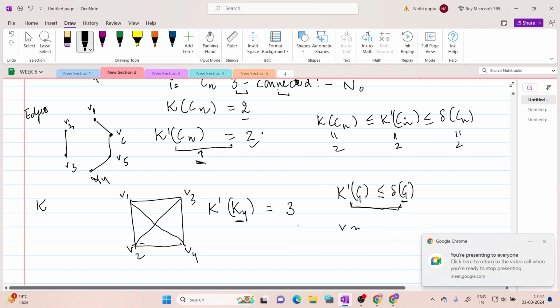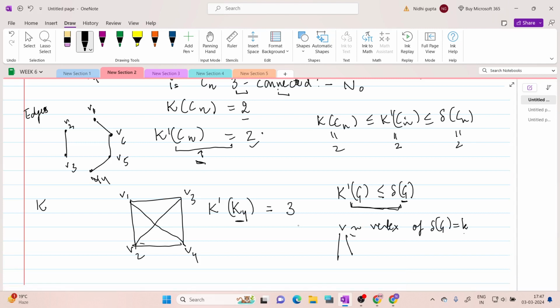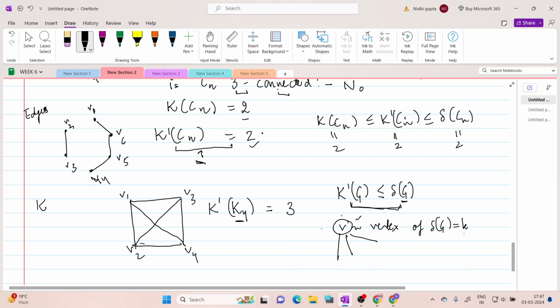So how do we get that edge connectivity is less than or equal to minimum degree? Suppose v is the vertex of minimum degree equal to k. If we remove all the edges adjacent to v, then in the new graph v becomes isolated. That means we get a disconnected graph. Therefore the edge connectivity is always less than or equal to minimum degree.